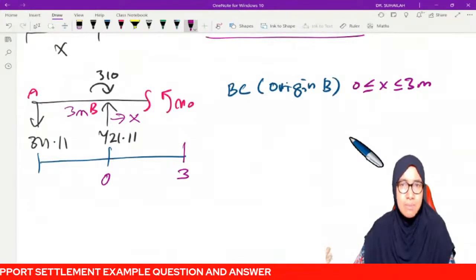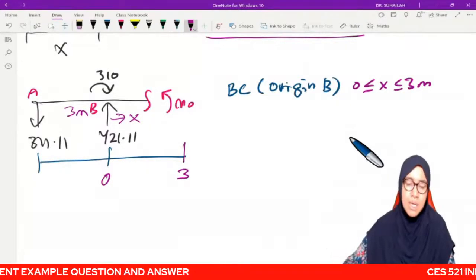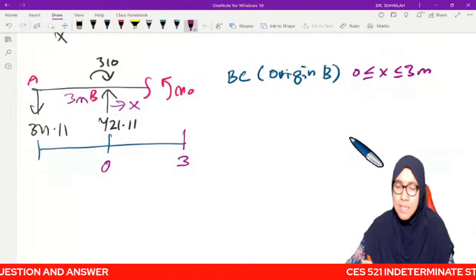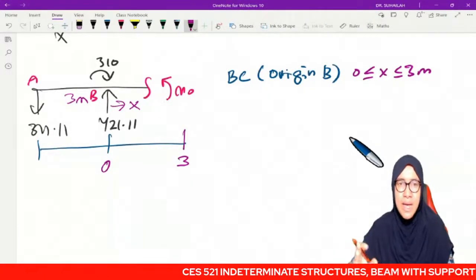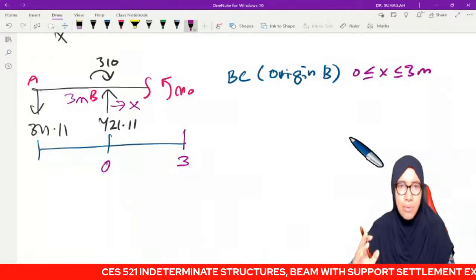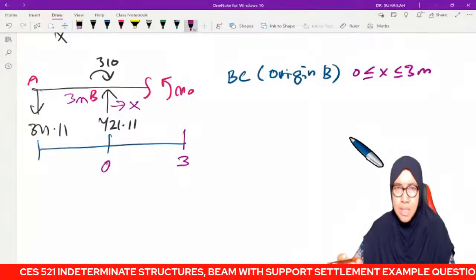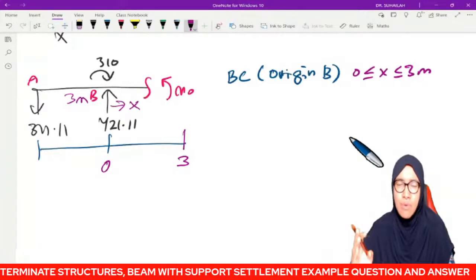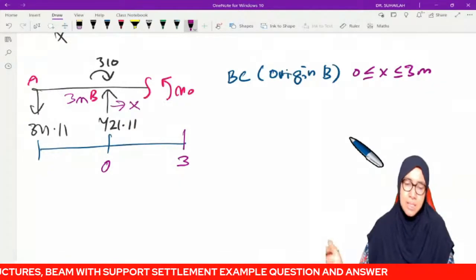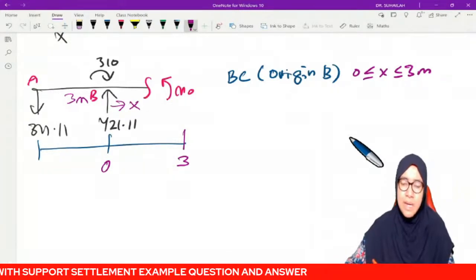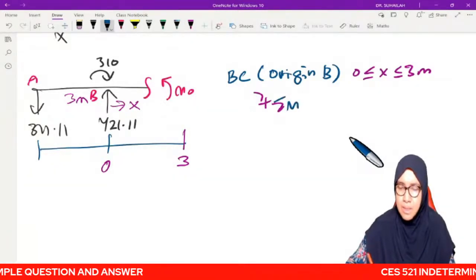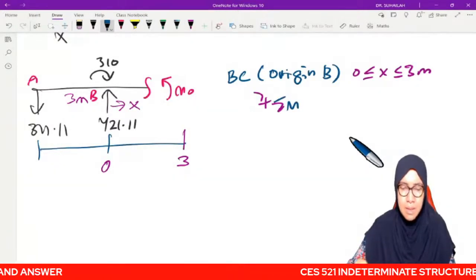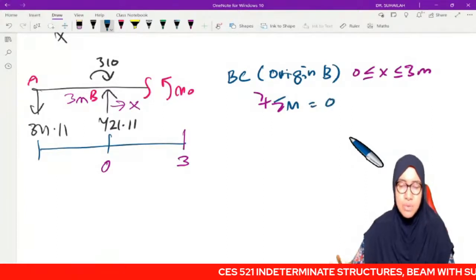BC origin B, because origin means where X starts. At origin, X is equal to 0. And what we want is the equation that is only for BC. From this we write the equation by taking moment at the cutting point equal to 0.